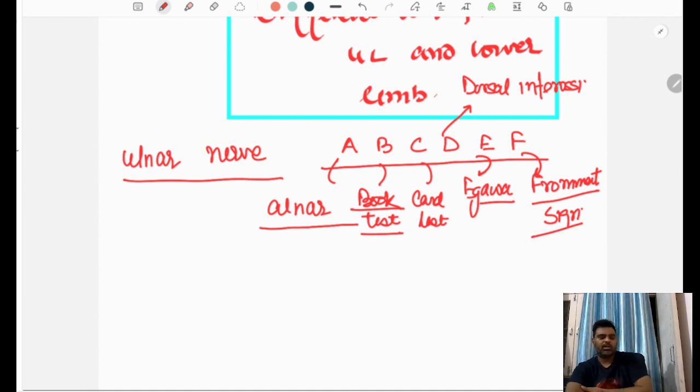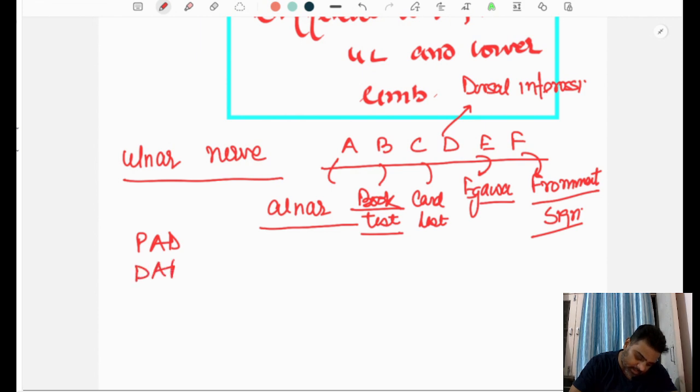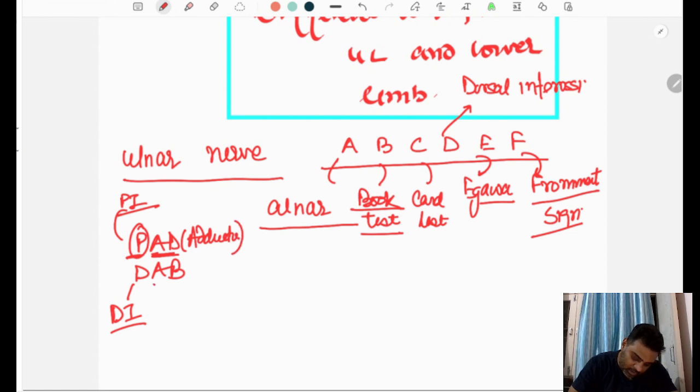Now please remember, we have been studying from time immemorial that there is a mnemonic, PAD and DAR. P is for palmar interossei and D is for dorsal interossei. Palmar interossei help in the adduction and dorsal interossei help in the abduction.